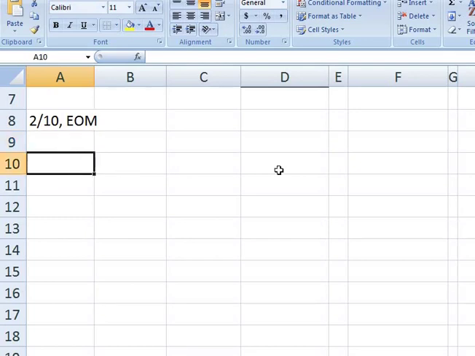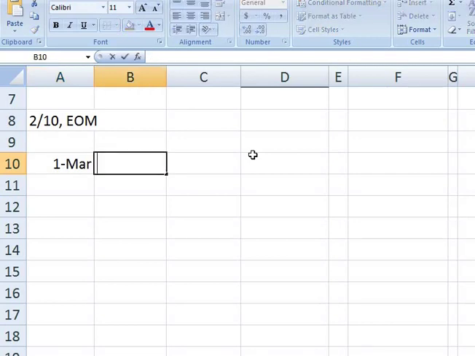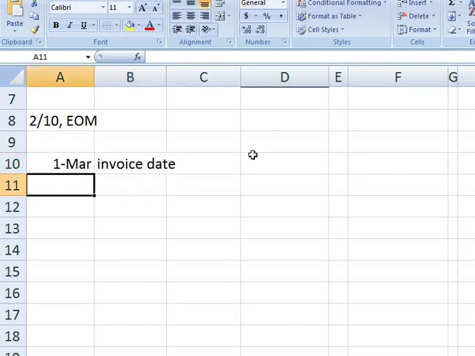So example, if the invoice date is March 1, so this is the invoice date. So pag sinabi nating 2/10 EOM, so the discount period is until kailan ba?